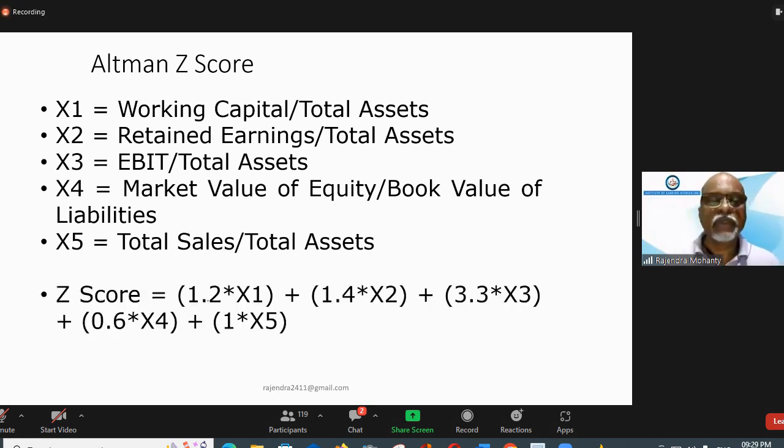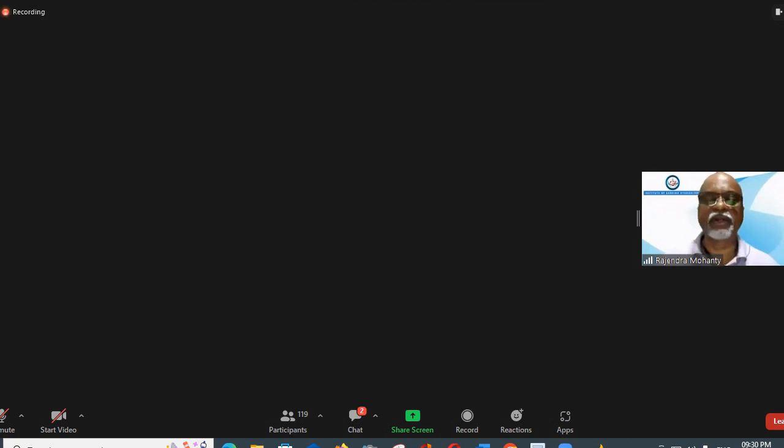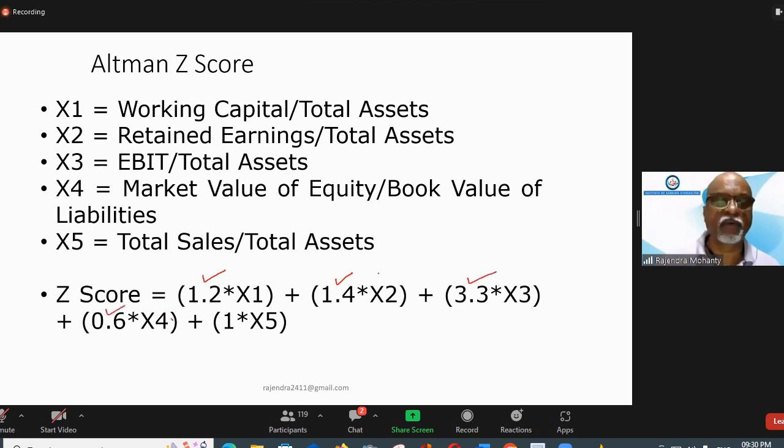Now these are to be multiplied with constant factors. So X1 is multiplied with 1.2, X2 with 1.4, X3 with 3.3, X4 with 0.6, and X5 is multiplied by 1. So that is constant. These are multiplied with the corresponding constant factors.